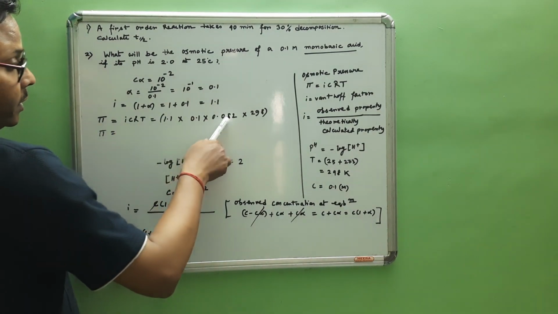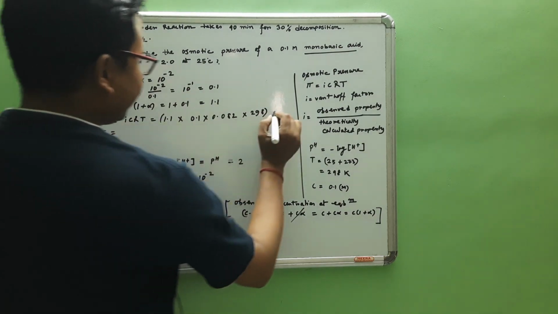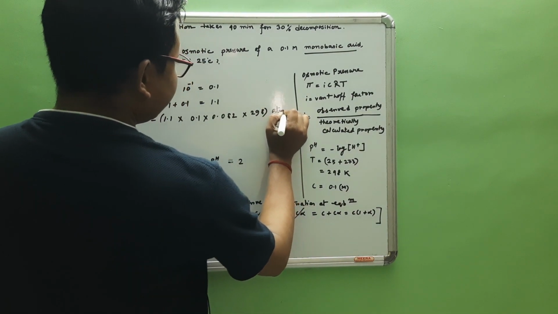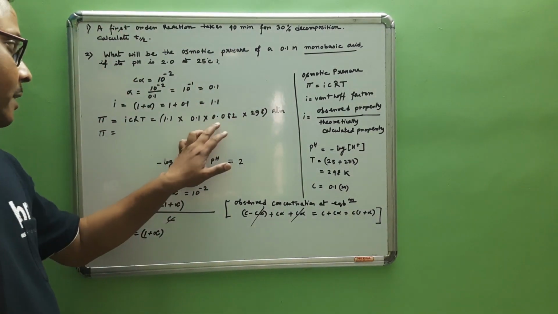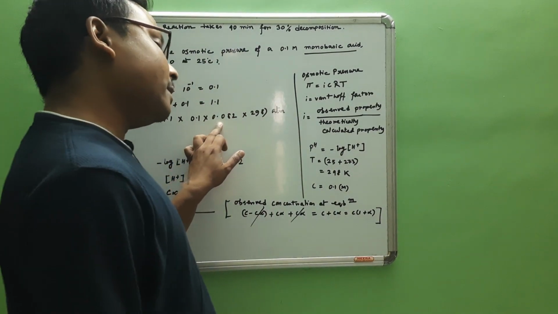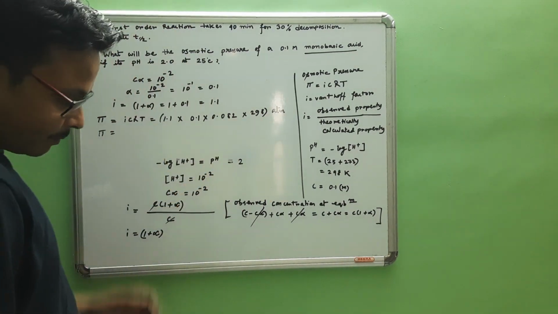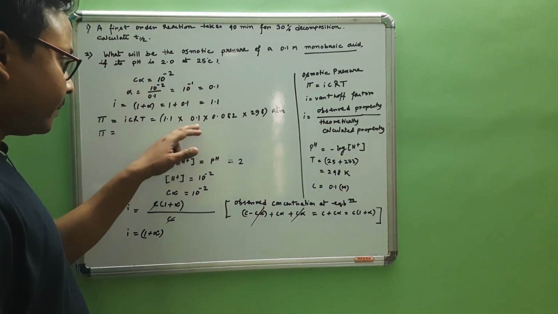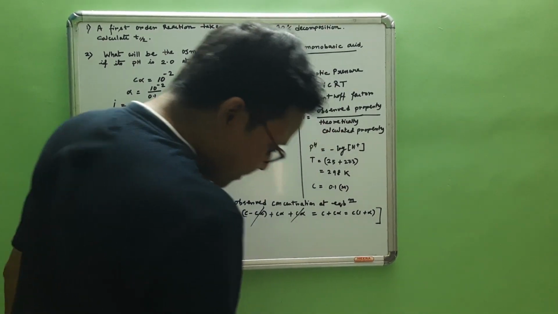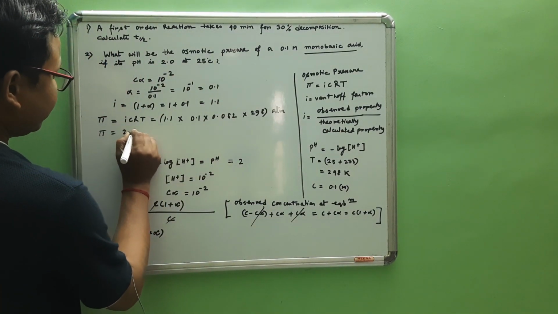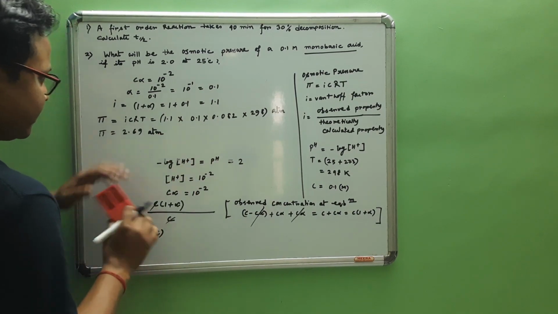Because we use R in liter atmosphere, the unit of pi will be atmosphere, the unit of pressure. So it gives 2.69 atmosphere.